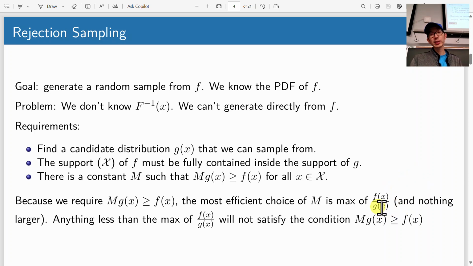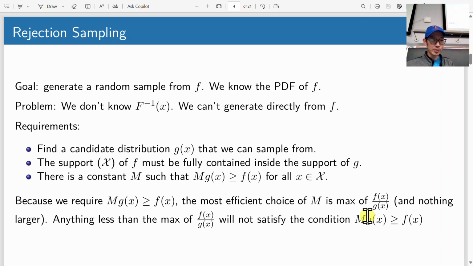Whatever the largest value of f divided by g is, if you multiply g by that quantity, then this condition will be true, that m times g will be greater than or equal to f throughout, and it's not going to be any larger than that.